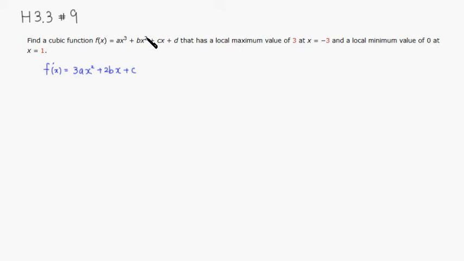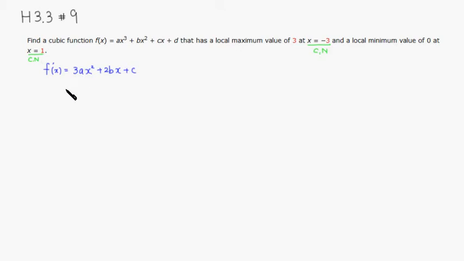Since this function has a local maximum at x equals -3, that is a critical number, and x equals 1 is the other critical number. Which means the derivative has zeros at -3 and 1.